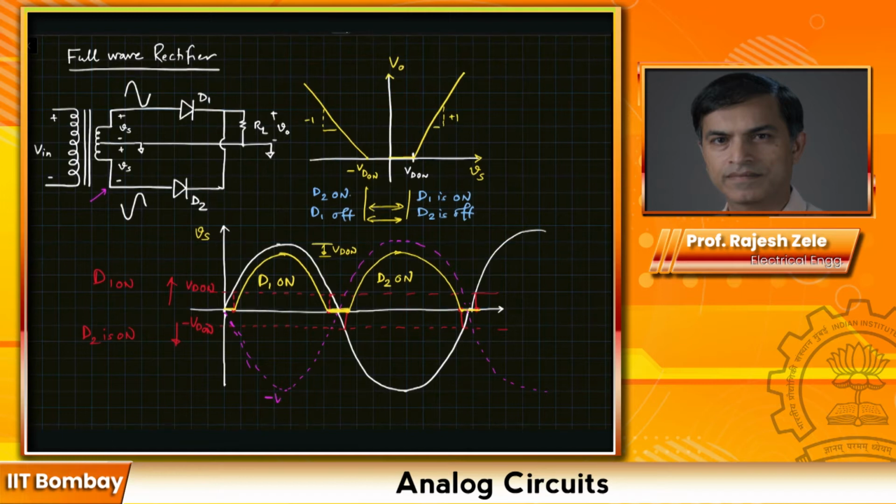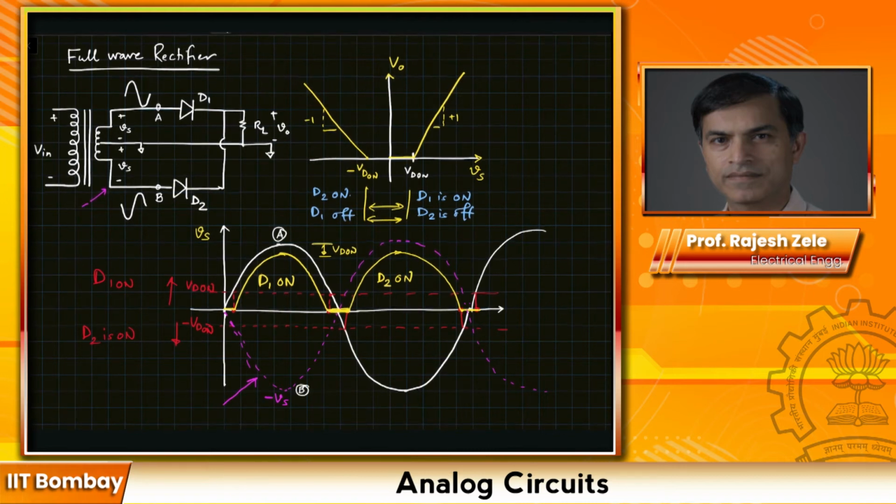This would be minus Vs. This would be this waveform over here, and the white one would be at this point. Let's call this A, and let's call this B. So the white one will be A and the magenta one will be the waveform B.